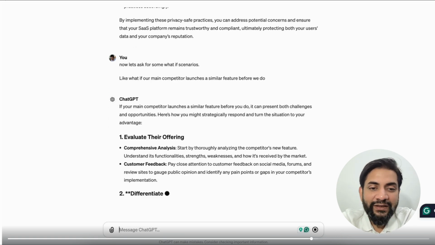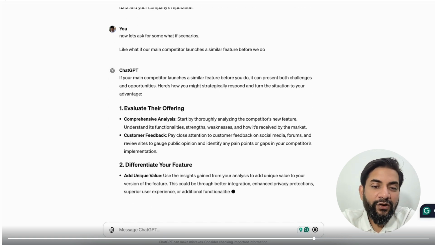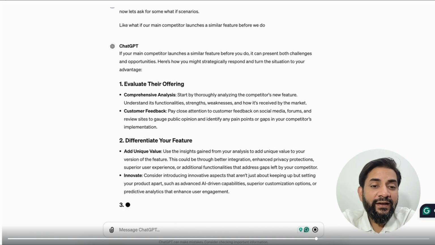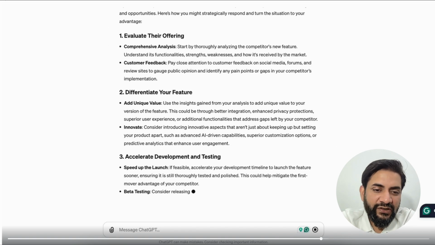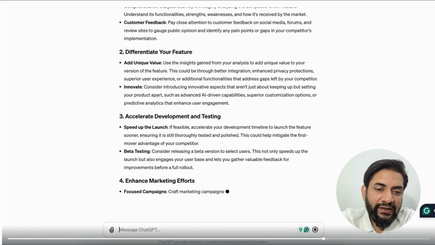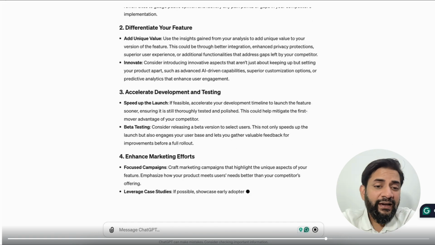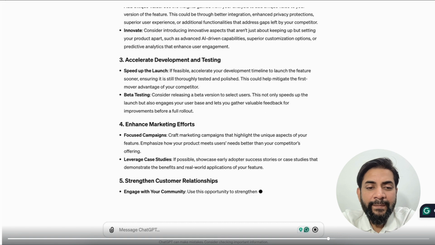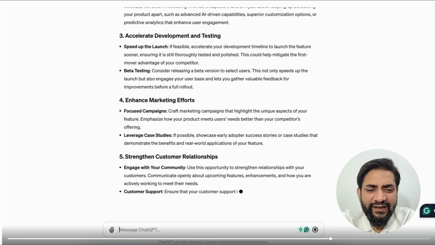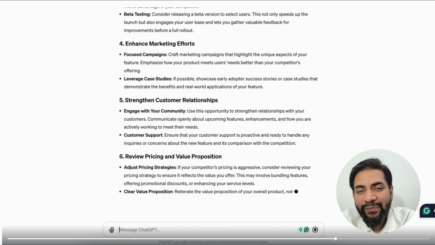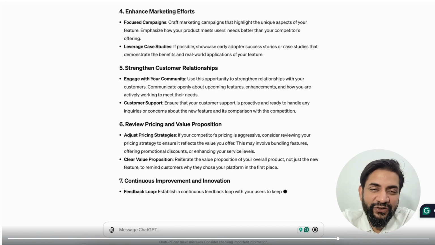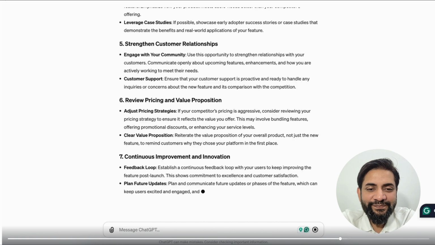That starts with evaluating their offering, a comprehensive analysis and customer feedback, differentiating your features by adding unique value and innovating, speeding up the launch, doing beta testing, focusing campaigns, leveraging case studies, engaging with your community, customer support. So these are a few things that we can do to compete with a competitor who launched the same feature before we did.